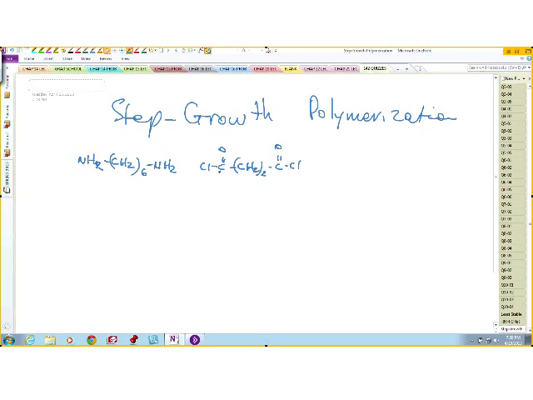This will react with this in a nucleophilic acyl substitution reaction. What do you get? You get this.